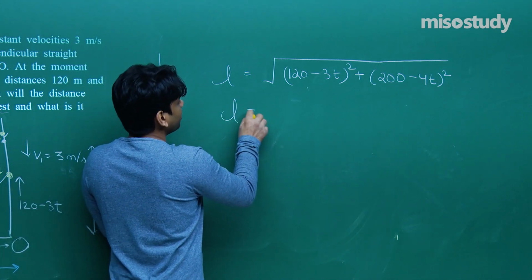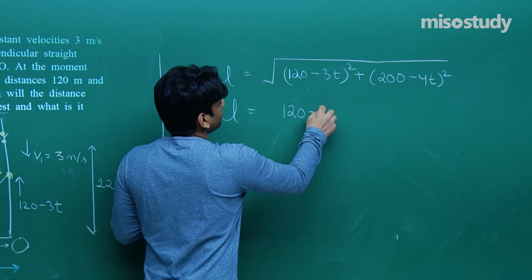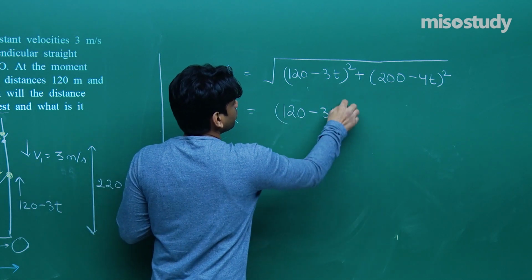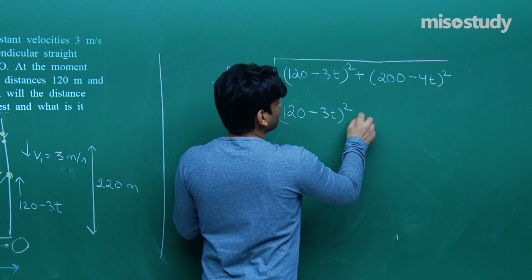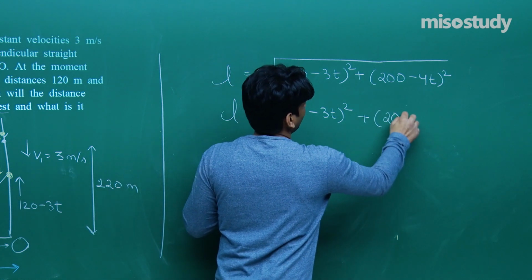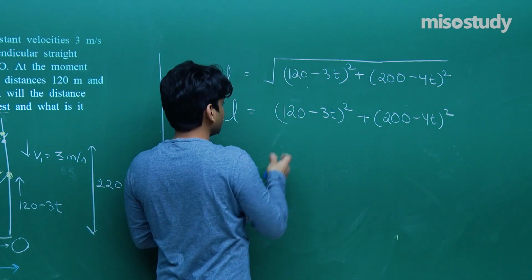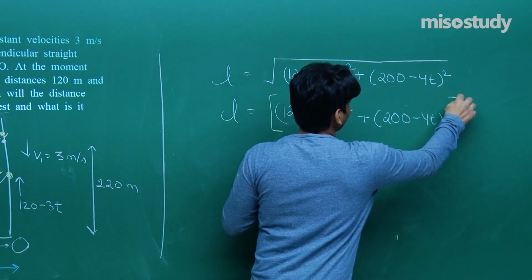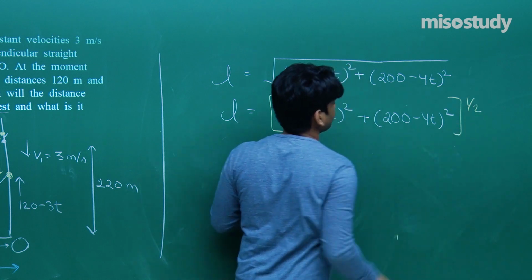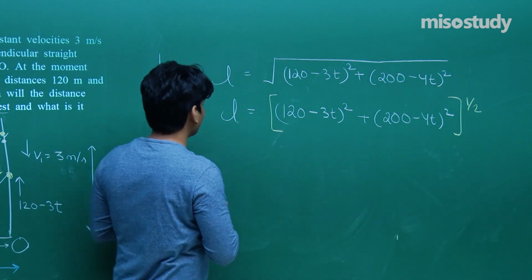L will be (120 minus 3t) whole square plus (200 minus 4t) whole square, and the entire thing is under root. So we have an under root here, so power 1 by 2. Now we can go ahead easily and differentiate this.